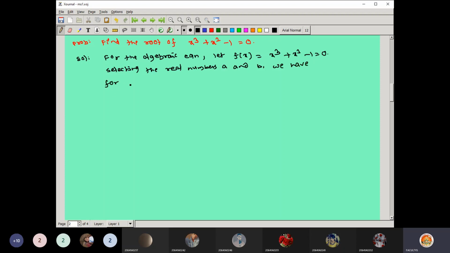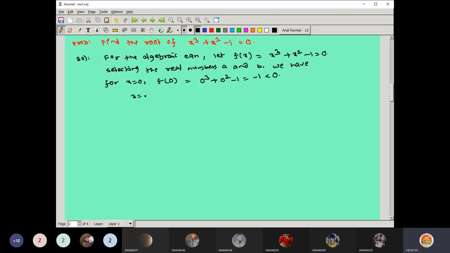You just suppose x equal to 0. So f of 0 is equal to 0 cube plus 0 square minus 1, so the value is minus 1, that is less than 0.